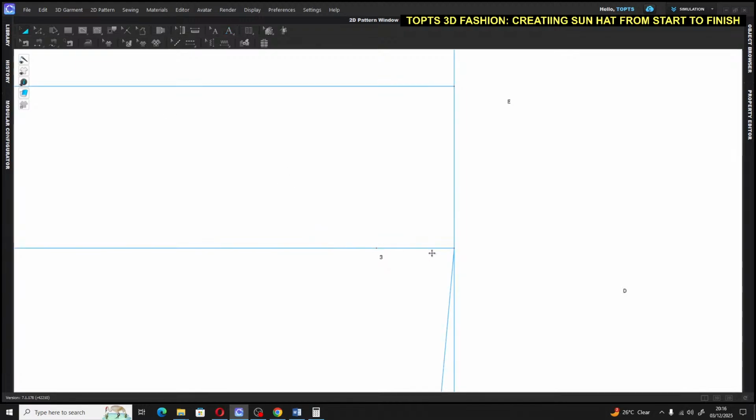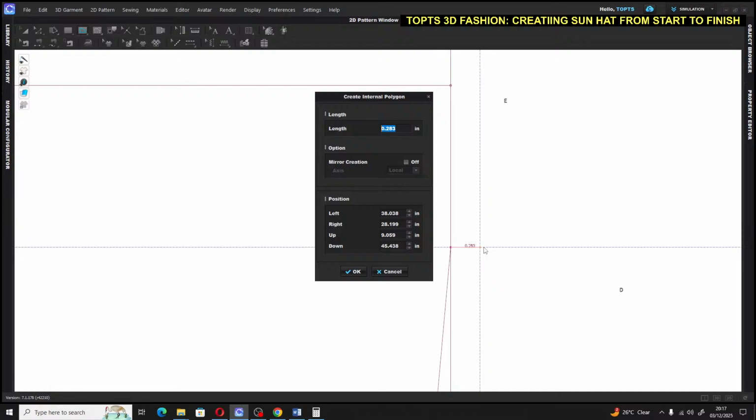Then also from D still, we are marking outwards 0.75. You get it? That means inside we are marking 0.75, outwards we are marking still 0.75.